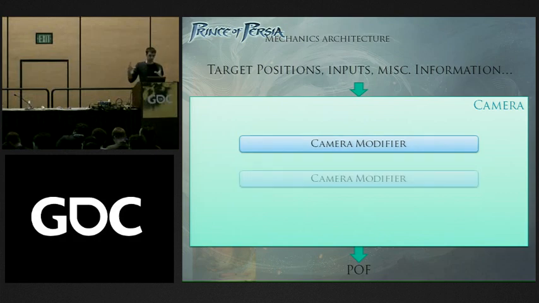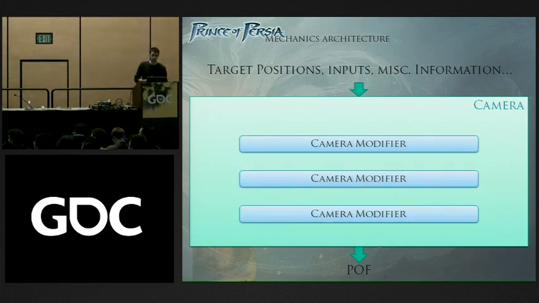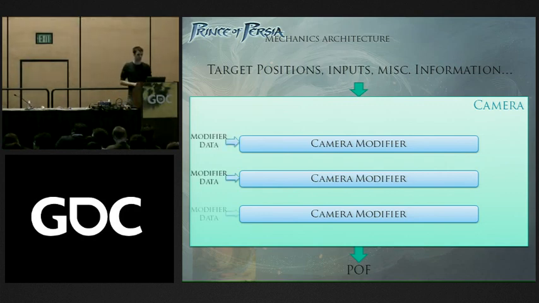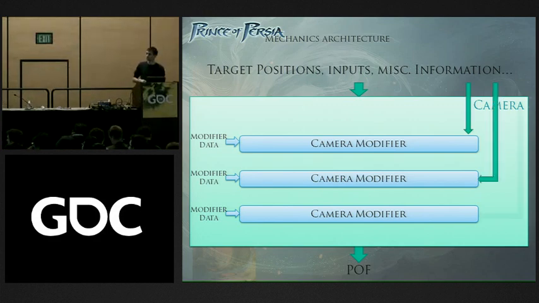So inside that big black box, we've divided the camera mechanics into modifiers. The modifiers are very small classes that do a very specific operation on the camera. Each modifier has its own data, so our artist can tweak each modifier separately.